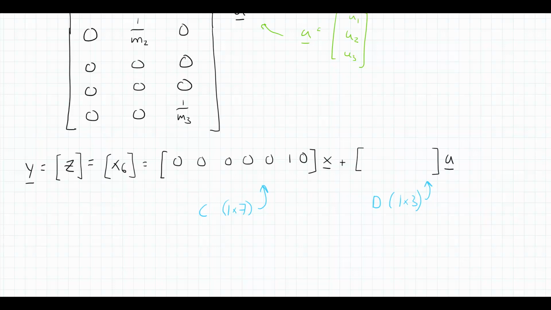That will pick out just the x6 from my x vector, and u doesn't appear. So D will again be a zeros matrix or a zeros vector, but the size of it still is important. We have to make sure it's a 1 by 3. So with that, we have our observation equation, our y vector equation.